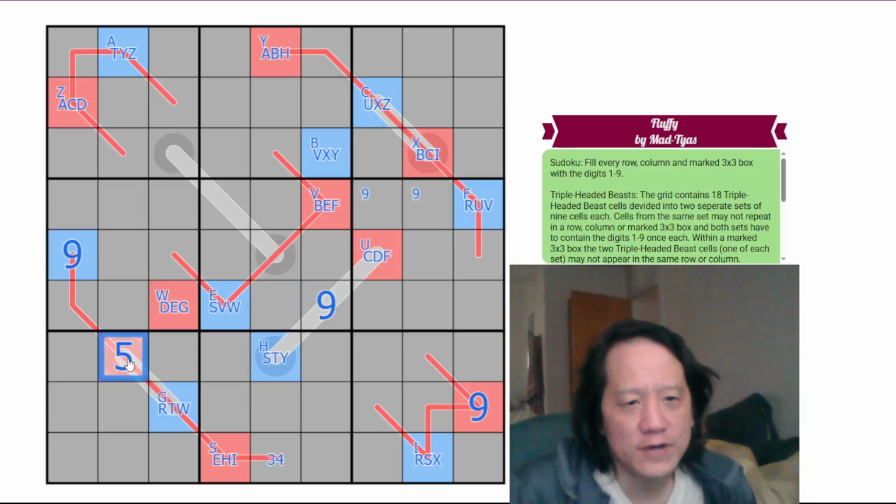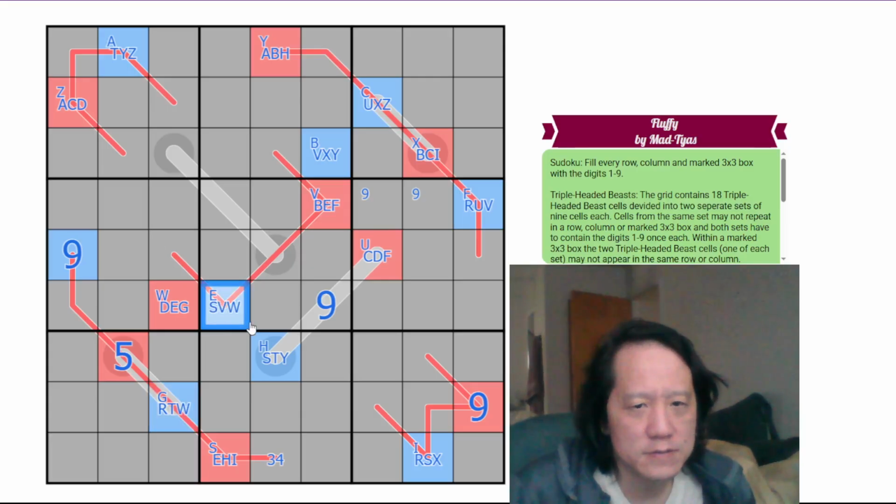How did I prove 5, 7, 9 doesn't work? So this is 21. That would make this 8, and this 7. This is 1, 2 as a pair.